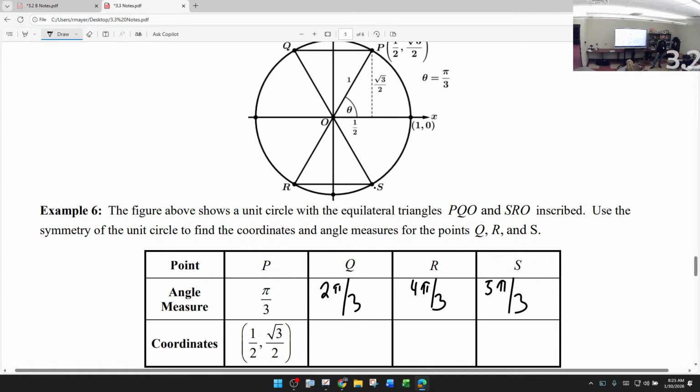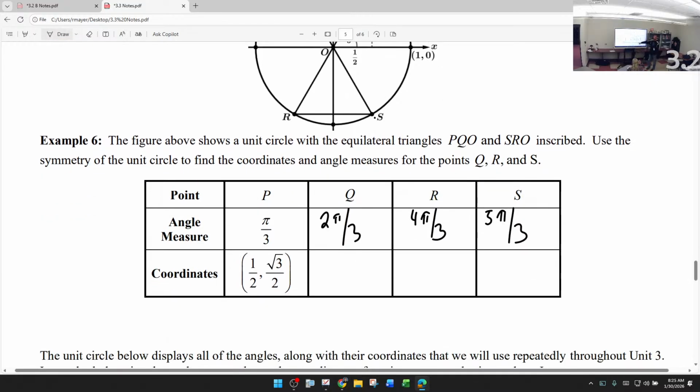You guys are probably better at counting by the thirds than I am. I just have to count by sixths because I forget which ones to skip and which ones not to. And again, every one of these points is going to be 1/2 or square root of 3 over 2. You just got to figure out what's positive or negative.